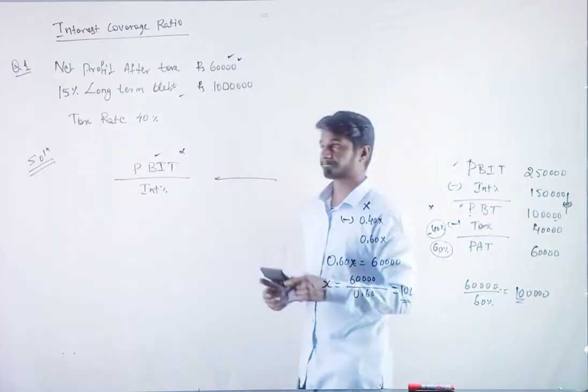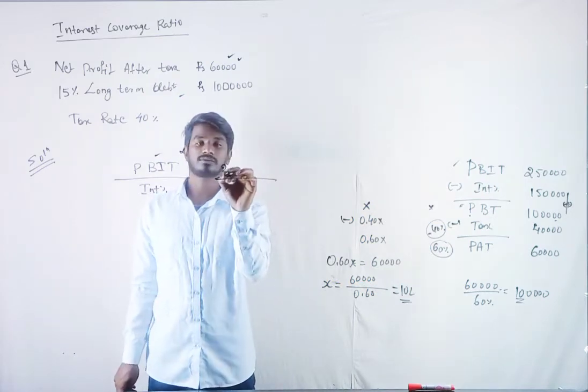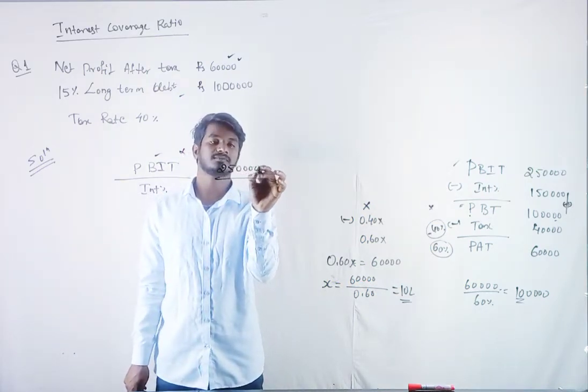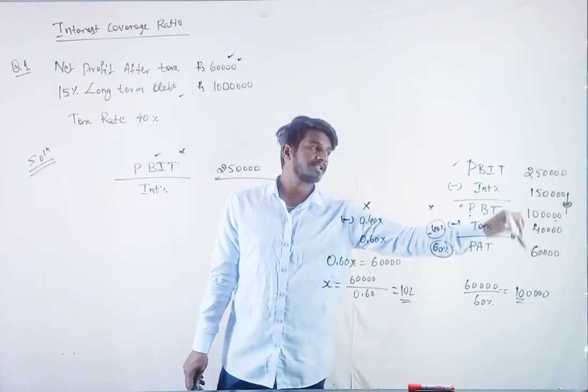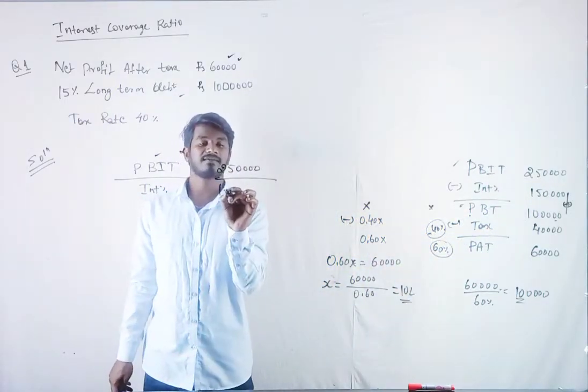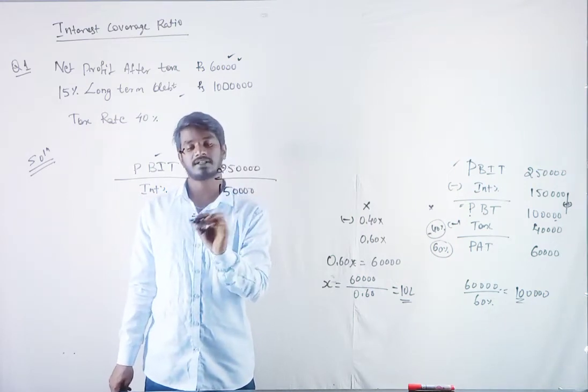So PBIT is 2 lakh 50,000. How much is the interest? 1 lakh 50,000.